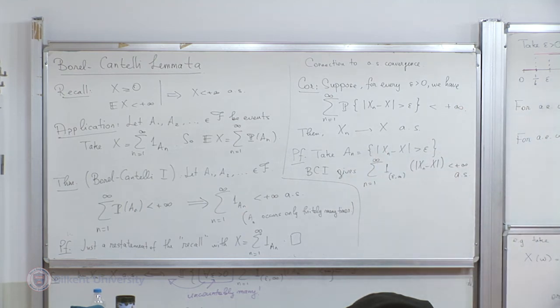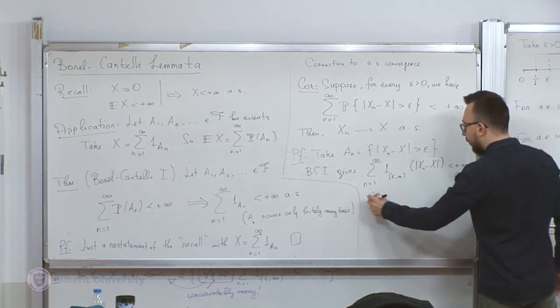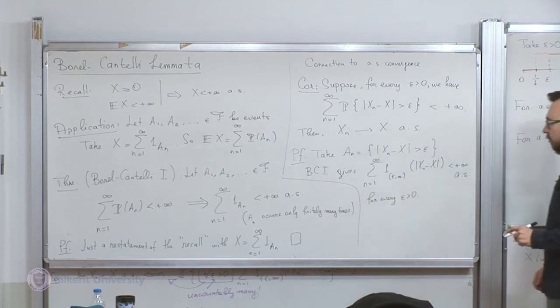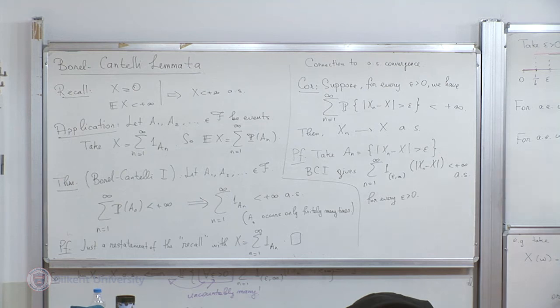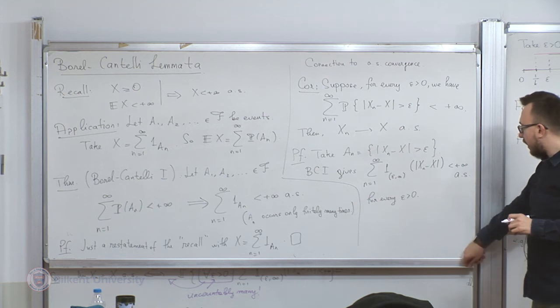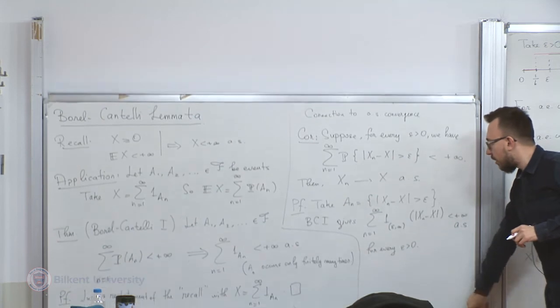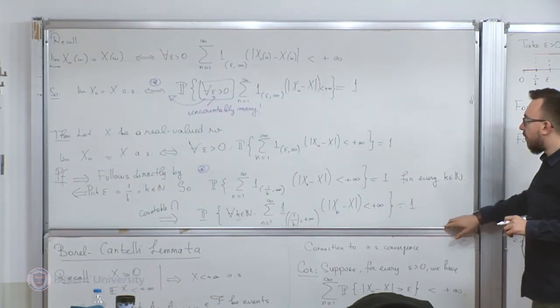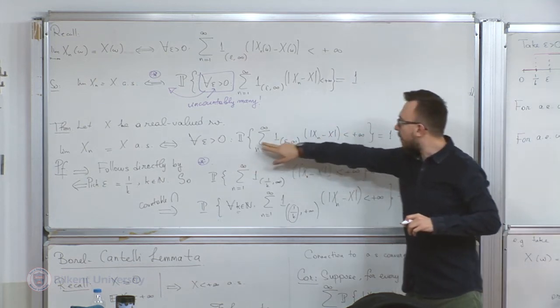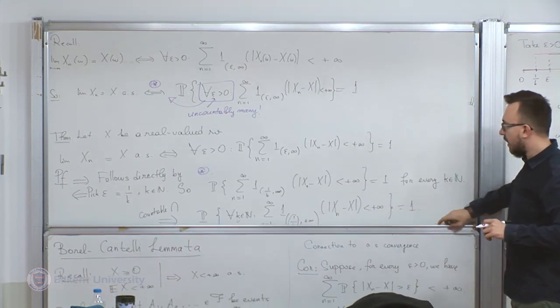Borel-Cantelli number 1 gives this, and this is for every epsilon. Well, what is this? The sum of indicators of |X_n minus X| greater than epsilon is finite. It is indeed what we have in the characterization theorem: for every epsilon, with probability 1, we have this being finite.